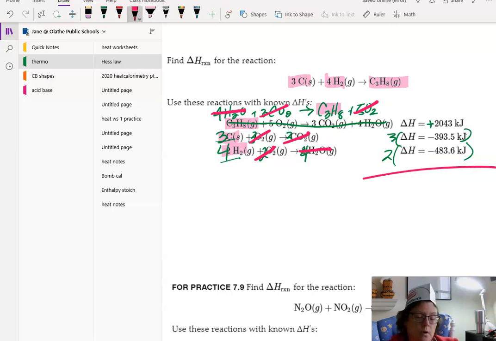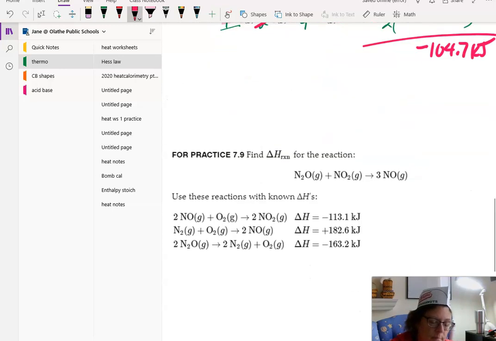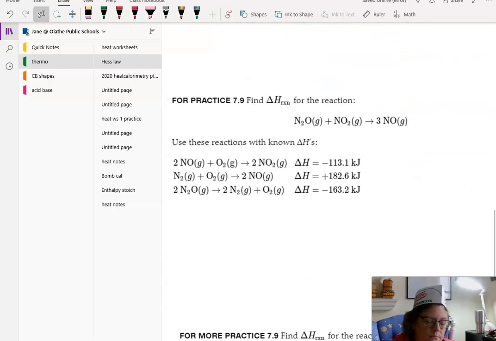So I start with 2043 minus 3 times 393.5 minus 2 times 483.6, and I get negative 104.7 kilojoules.